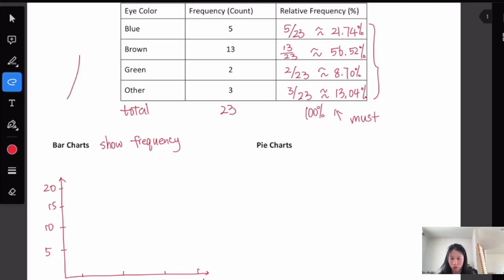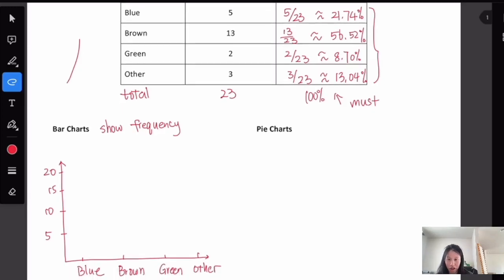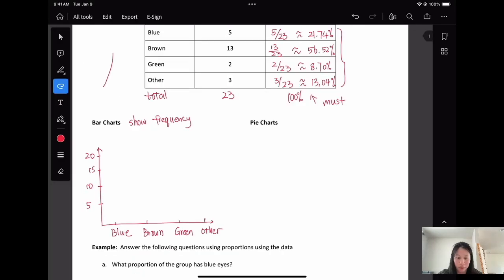Okay, so for blue, we've got 5 people. And for brown, we have 13 participants who identify their eye color as brown. And for green eyes, we got 2 people. And others has 3 people.